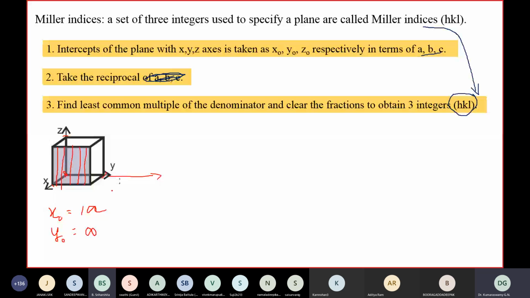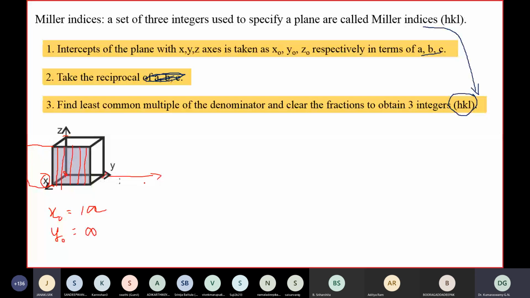Check the diagram. This is the x-axis, and it is intercepting at x, at this point, 1A.